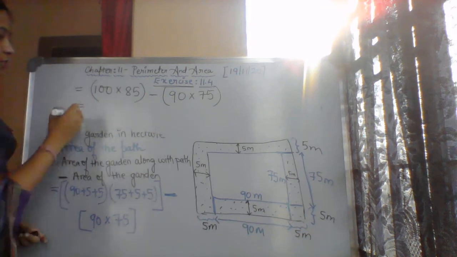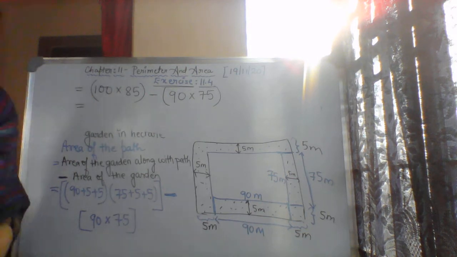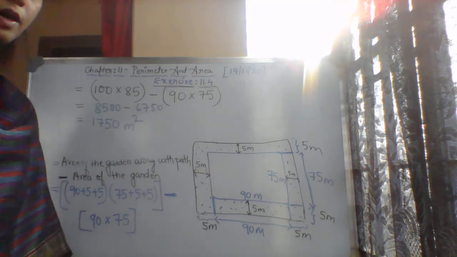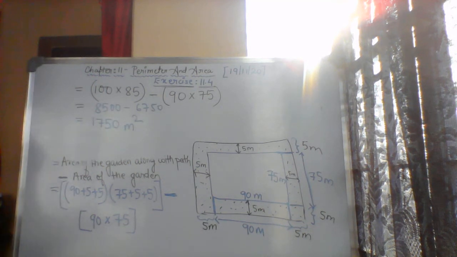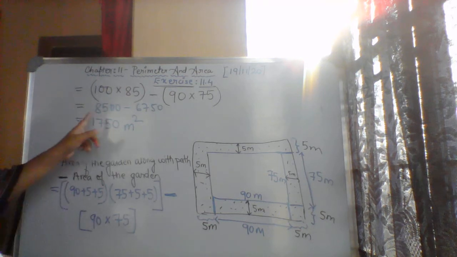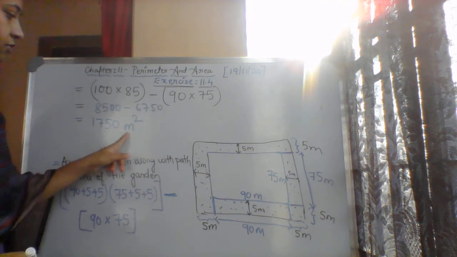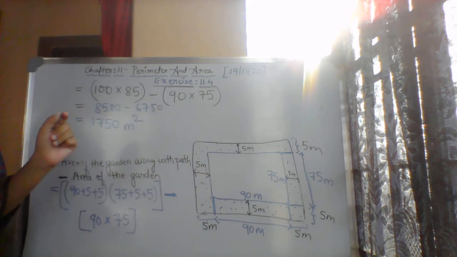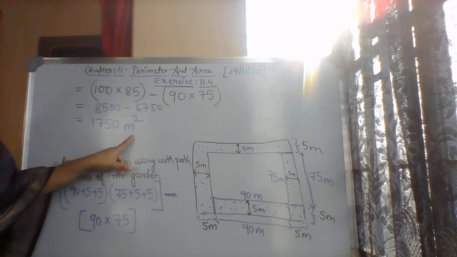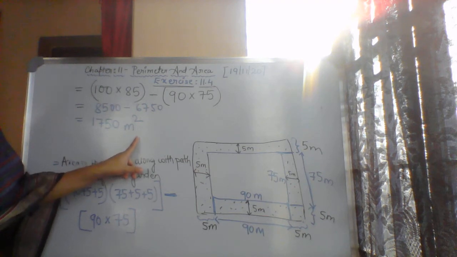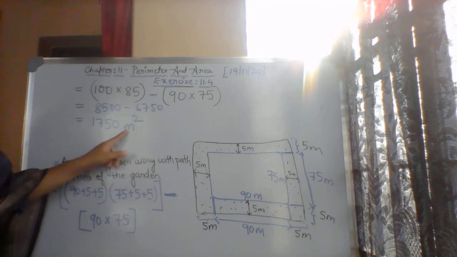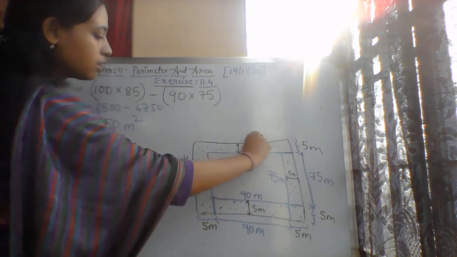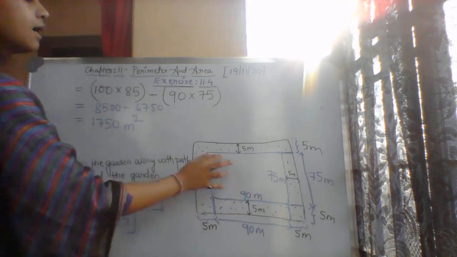So calculate first, pause the video and calculate, then match with your answer. Okay, so how much did you get? 1750. After calculation you will get 1750, and all are in meters and we are finding the area, so do not forget to write the unit meter square. So 1750 meter square is the area of this path which is surrounding the garden.